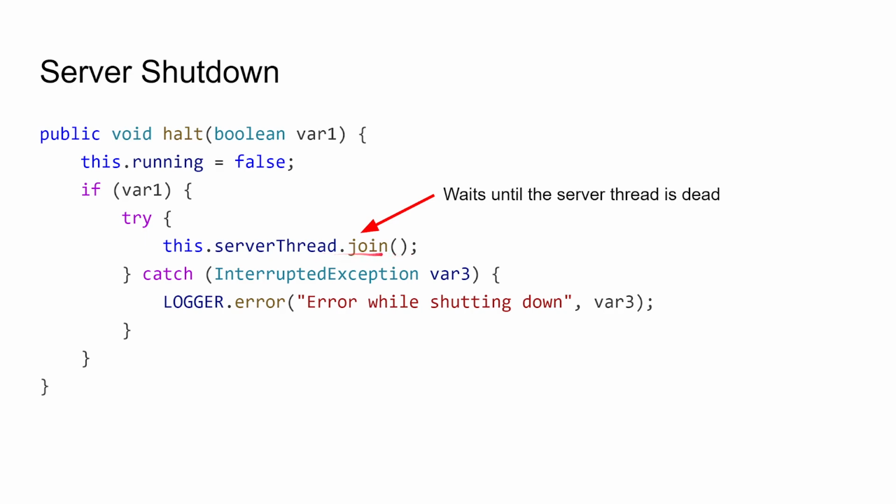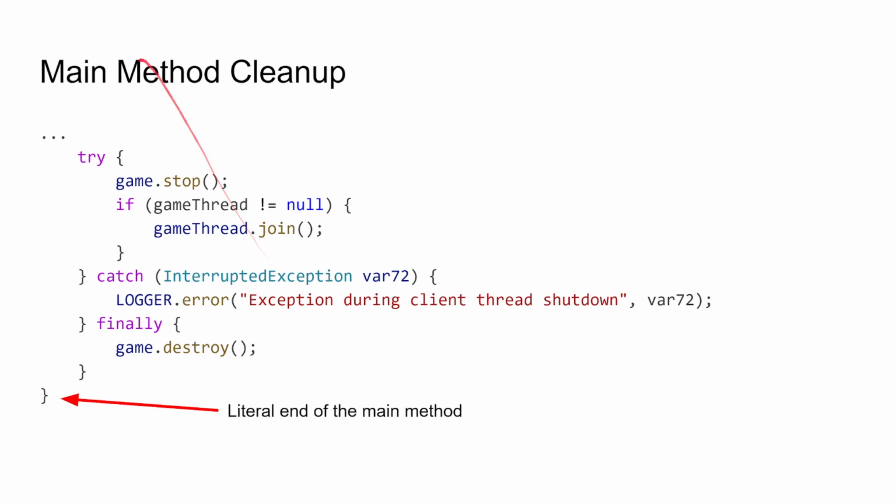So this .join basically waits until the server thread is dead, and then it'll continue. So it's going to shut down the server. Obviously, sometimes, for some reason, you can't really shut it down, and therefore it logs that. And then we go back to the main method. So yes, this bracket is literally the literal end of the main method. I just said literally 2 times, but whatever. But you get the point.